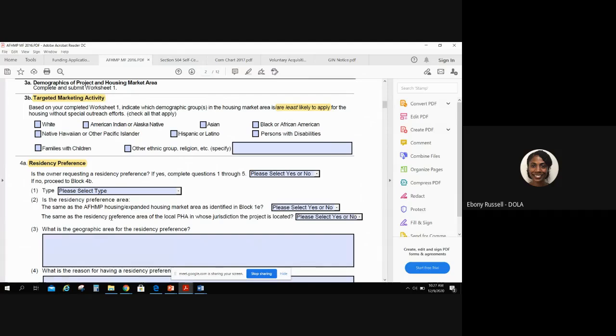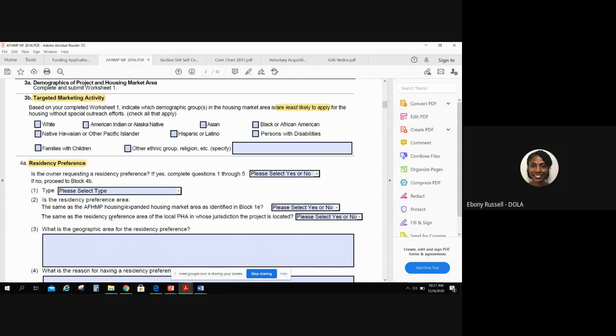And this form basically documents that when we are monitored by HUD and they're looking to see the outcomes and the successes of the project, this documentation is telling to see how your project actually looked at it.